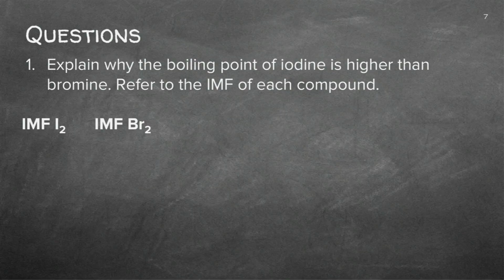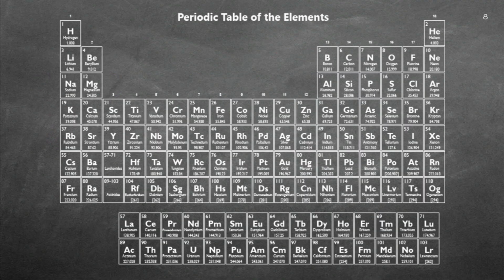The question will be, what's the difference in the boiling points of iodine and bromine? Both of them are halogens, both of them diatomic. Have a look at iodine and bromine. If we have a look at our periodic table, you will see iodine here and bromine there, which means bromine is slightly smaller than iodine.